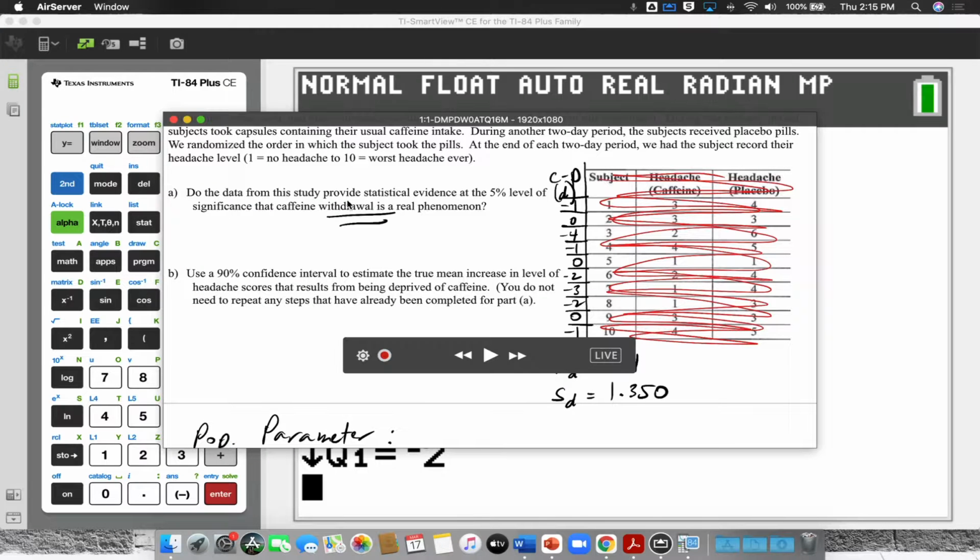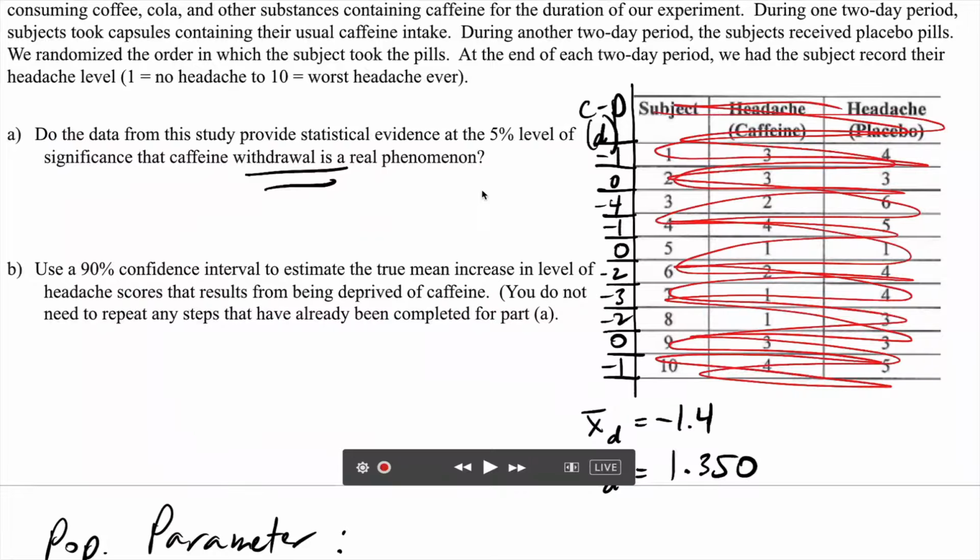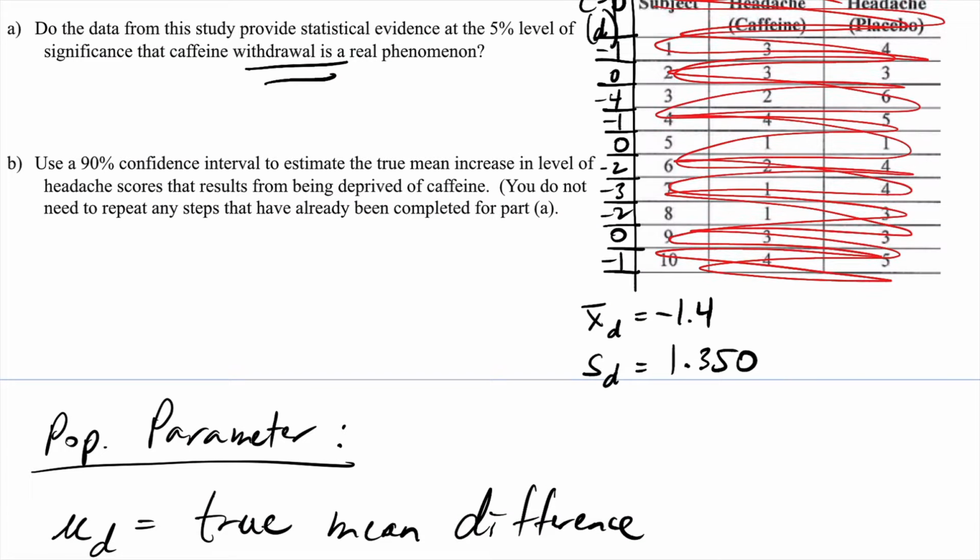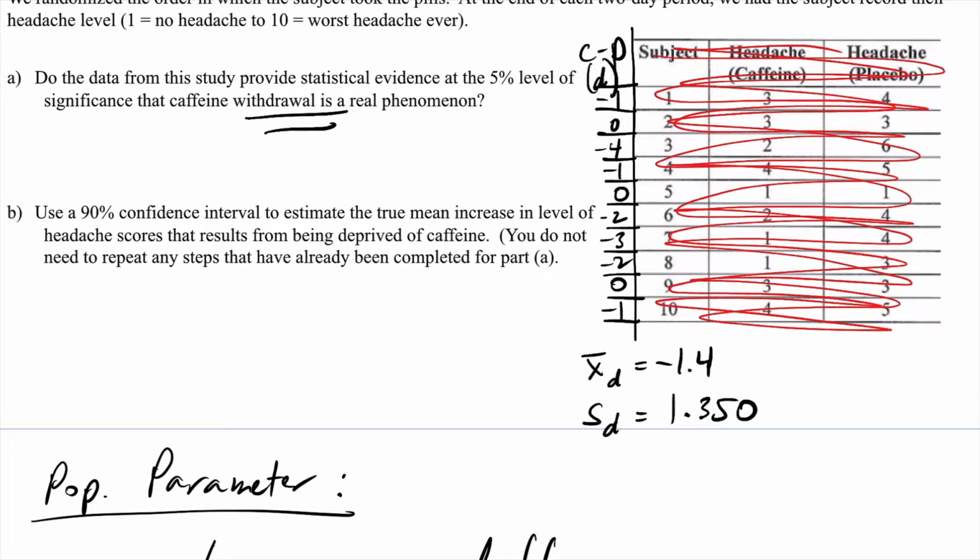Okay, so let's go back to this. Now that we know that, the reason I did that before is because X bar D is a part of mu D, right? It's the sample from that. So who does mu D represent? For all of these numbers, these are just 10 people, right? Mu D means every number that exists from everybody.